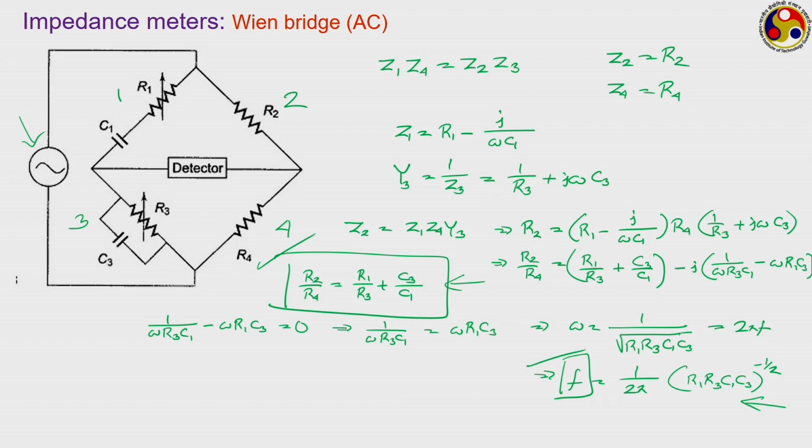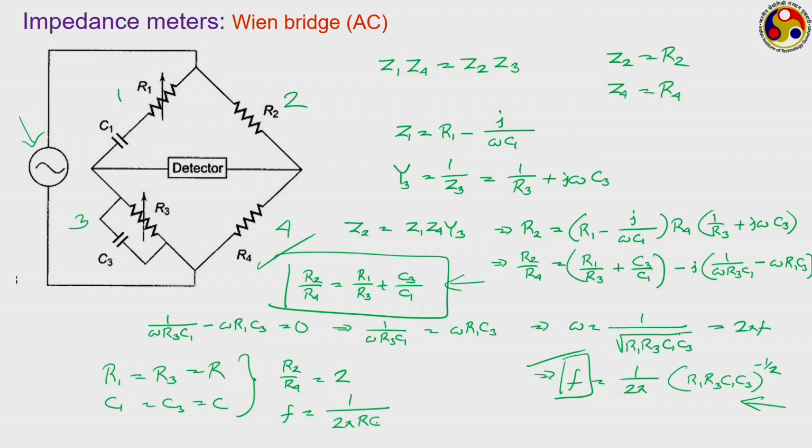Quite commonly we generally go for R1 equal to R3 equal to R and C1 equal to C3 equal to C, particularly when you are looking to measure the value of the frequency and we have control on this resistance and capacitance R1 and C1. In that case, we have R2 upon R4 is equal to 2 and the value of f is equal to 1 by 2 pi R C.